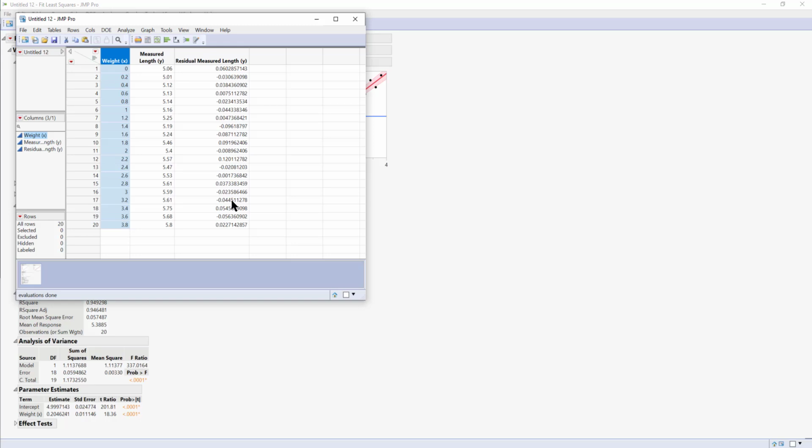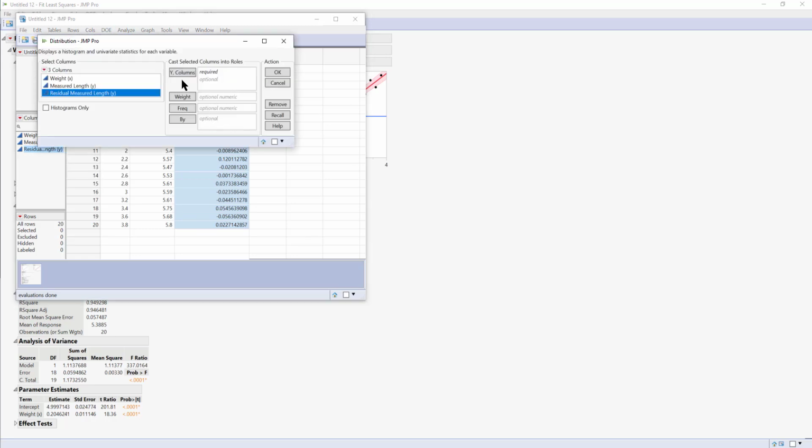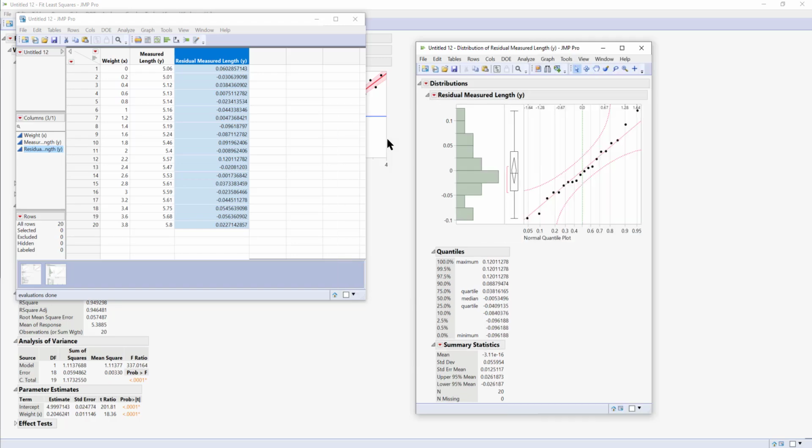That's the error part, so we can test the normality for this one. As we learned, we can generate a normal quantile plot. See, it's not that close, but mostly close to the straight line and no points are outside of these limits. So we see the residual is approximately normal. This is how you test the assumptions in JMP.